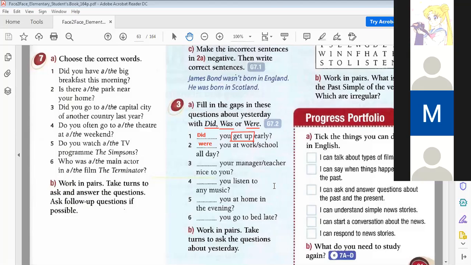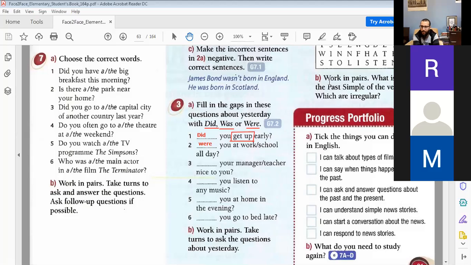Did your manager nice to you? Okay. Before we answer, let's check if we have another verb في الجملة. لو عندنا يعني زي رقم واحد، did you get up، يعني حيكون في فعل تاني مع get up صح؟ هنا رقم 3 خلينا نشوفوا لو في أفعال موجودة, if you can find any verbs. Exactly.